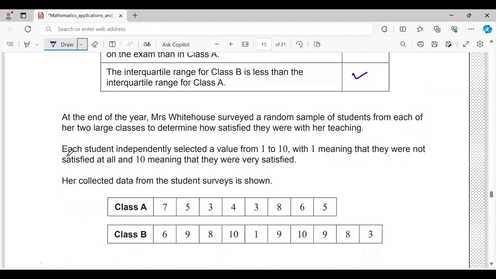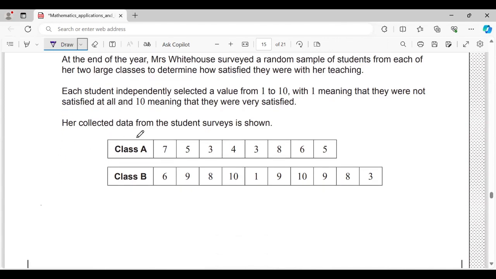Students independently selected a value from 1 to 10, with 1 meaning that they were not satisfied at all, and 10 meaning they were very satisfied. Her collected data from the student surveys is shown like this.